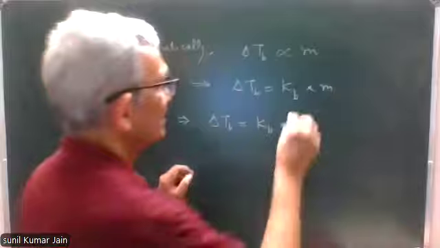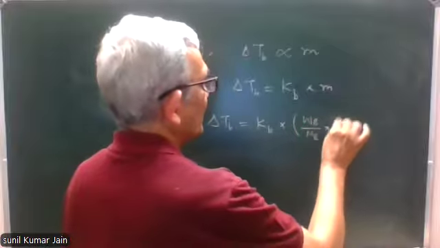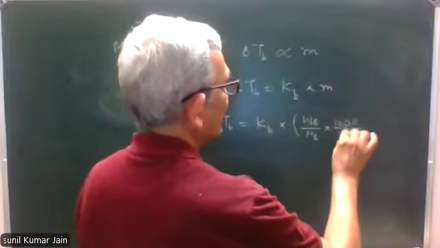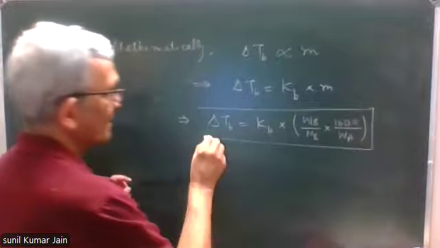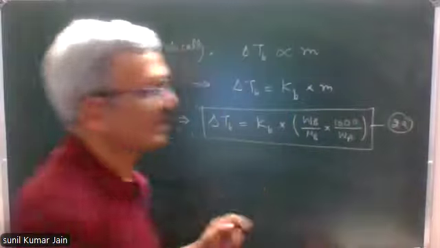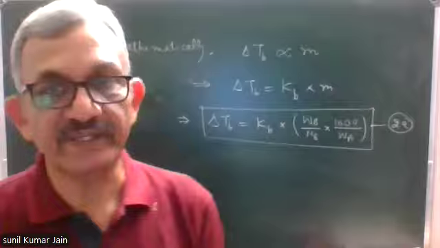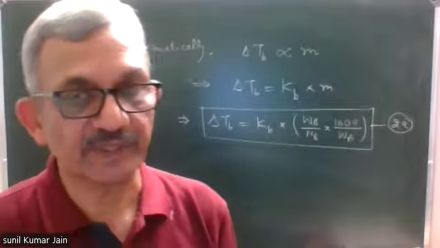Molality we can expand. This will be Wb by Mb into 1000 divided by Wa. Equation number 2a means first equation of second colligative property.